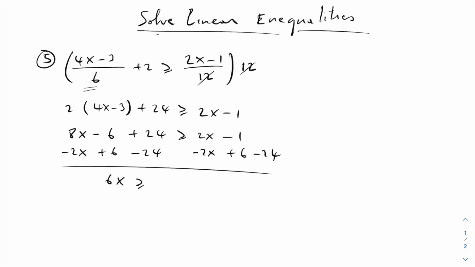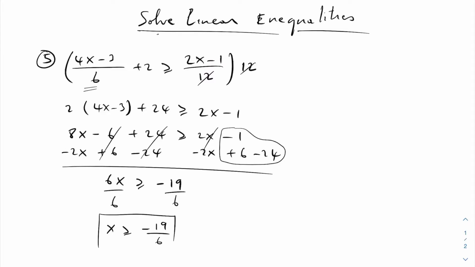Negative 6 and 6 cancel. 24 and negative 24 cancel. That will give us 2x and negative 2x on the other side canceling. And so finally, negative 1 plus 6 minus 24 will give us negative 19. So the last thing we need to do here is divide both sides by 6. And so we're going to get x bigger than or equal to negative 19 over 6.